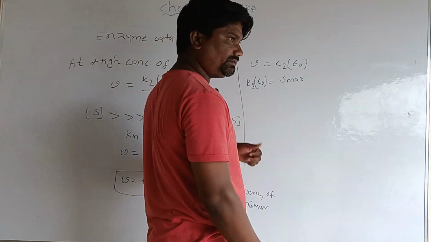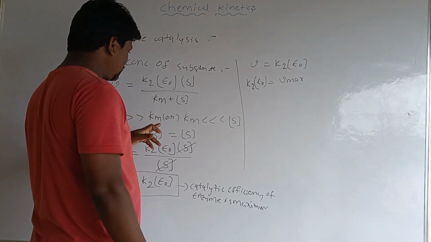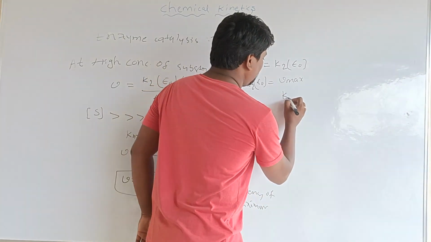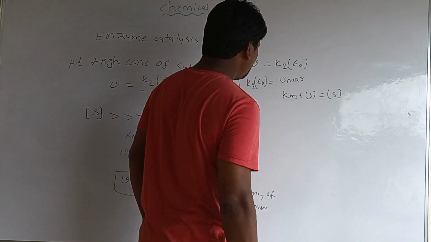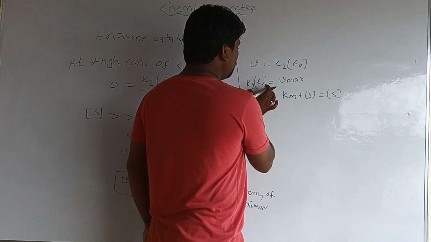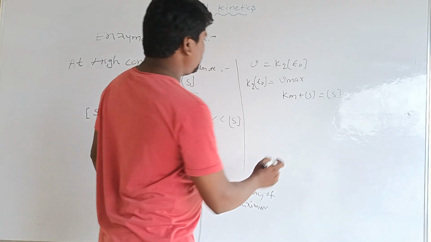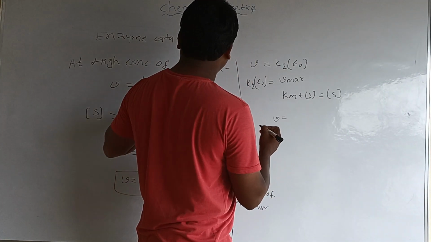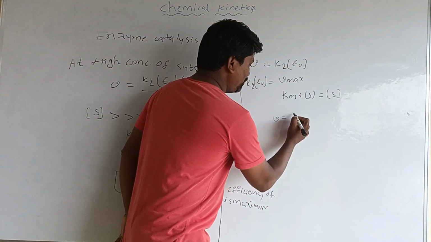When Km plus S is equal to S, this K2 into E naught is substituted in the equation. Then K2 into E naught is nothing but mu maximum.